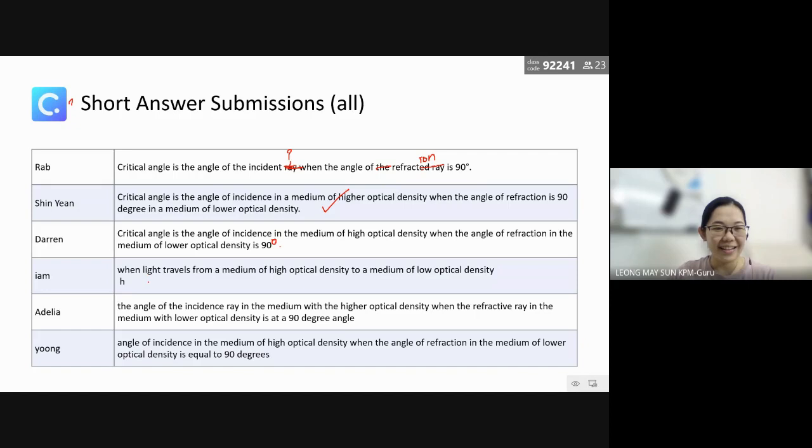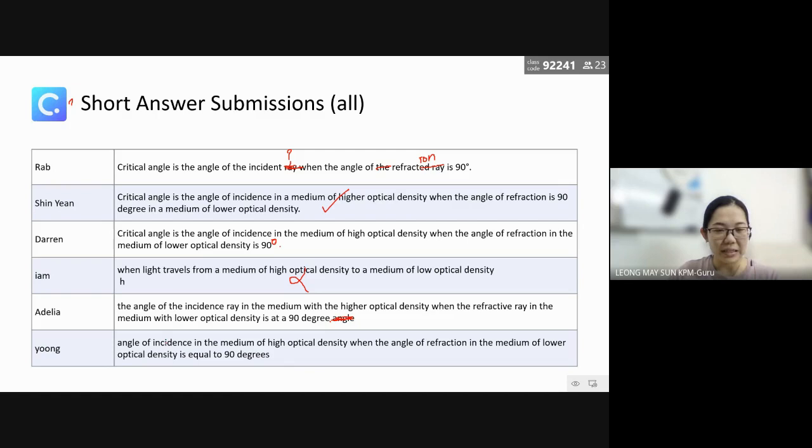Ian, when the light travels from a medium of higher optical density, sorry, that's wrong. Angle of the incident ray in the medium of higher optical density, this one is almost similar to Xinyan's answer. It's just that, Adelia, no need to write the word angle here. 90 degrees is sufficient.